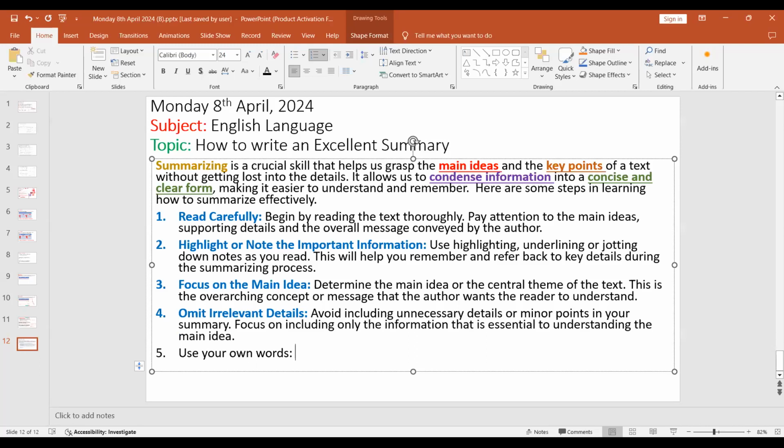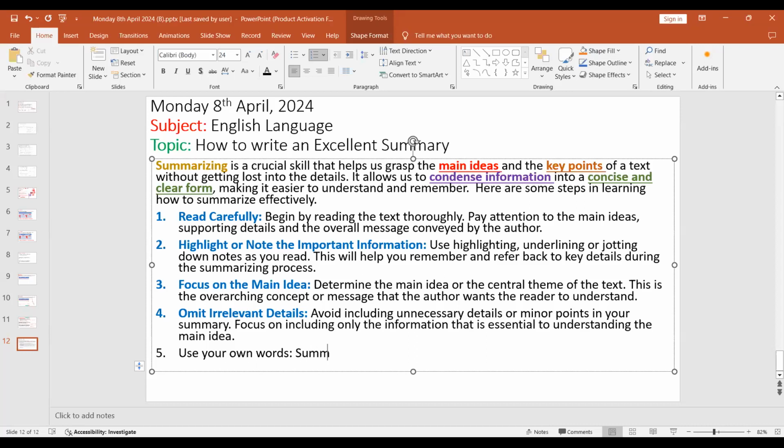Because you are condensing the information, you have to add your own style and your own flavor and your own words to help the reader understand what was conveyed in the original piece, right? If you try to use their words, then you're basically writing their essay or their passage. You want to avoid copying sentences directly from the original text.